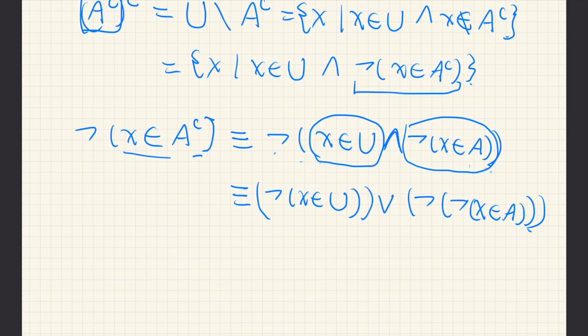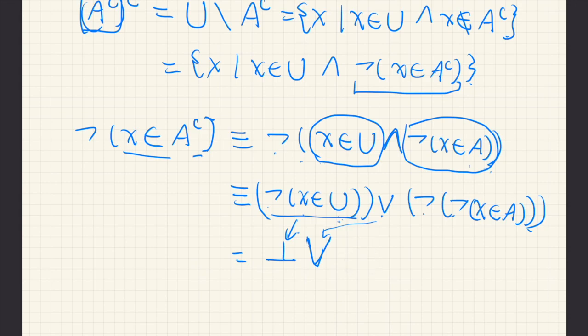By the very definition of the universal set, x always belongs to U. So this is true. So if this is negated, this is false, right? So this part is false. So this or comes here, and the negation becomes a positive statement.